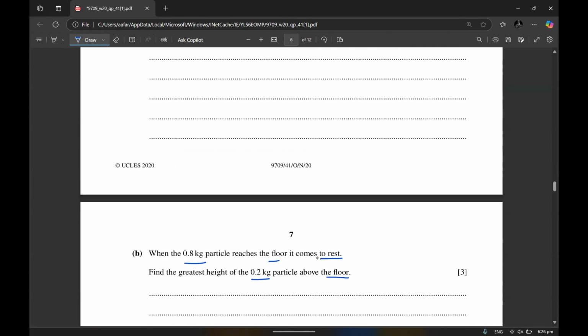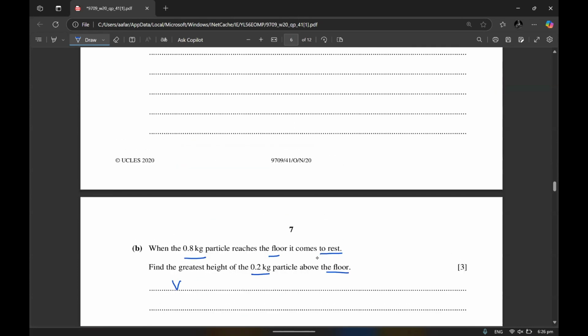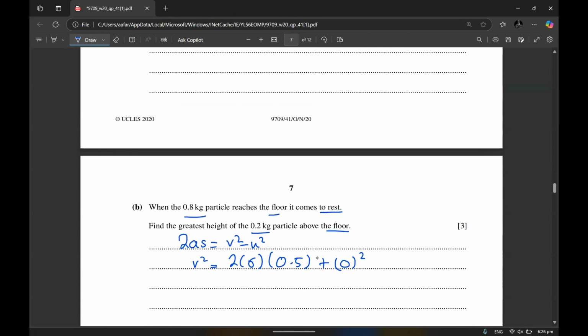So to 1. So we get the final velocity: v square is equal to u square plus 2as. The acceleration is 6, and the distance is 0.5, plus 0 square since they both start at rest. So we get the square root of 6.